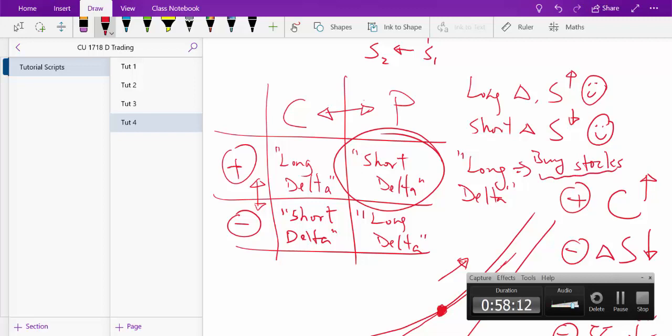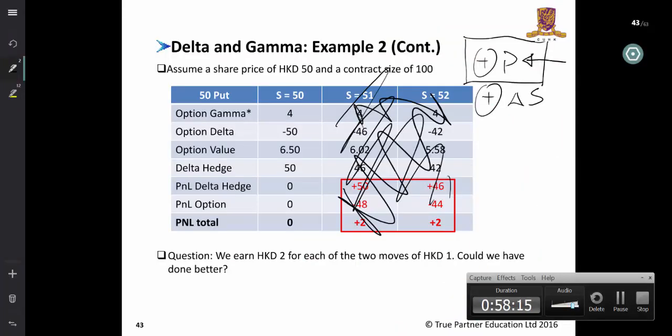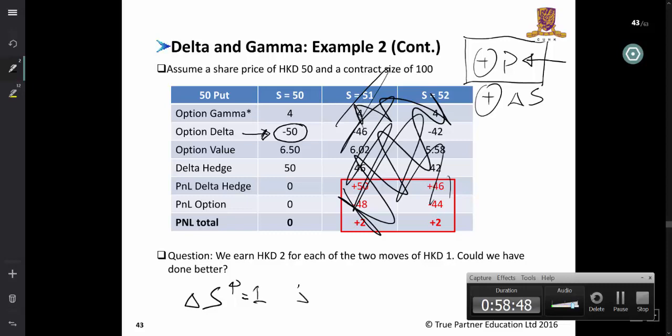Now, how much? It depends. So your option delta is minus 50. Now, I can even explain to you what that means. This is the put delta. So when the share price goes up $1, is your put going to make money or lose money?